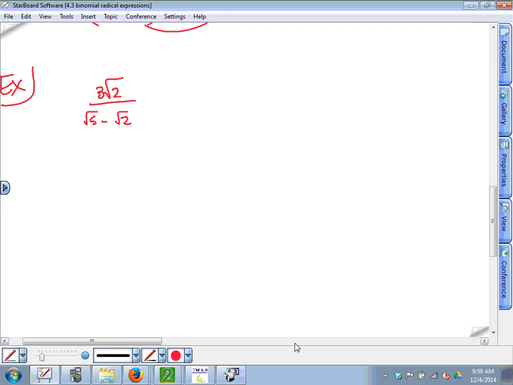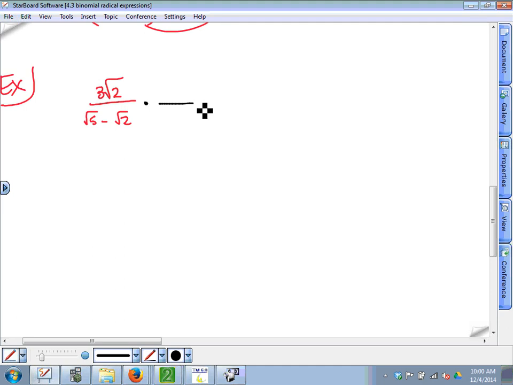Three root 2 divided by the square root of 5 minus the square root of 2. This root in the numerator is not a problem. It's okay to have a root in the numerator. These down here in the denominator, that's the problem.